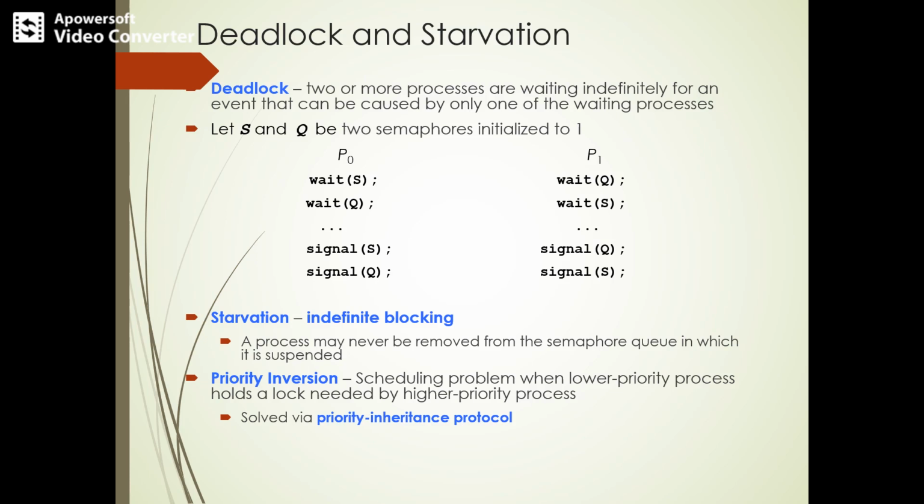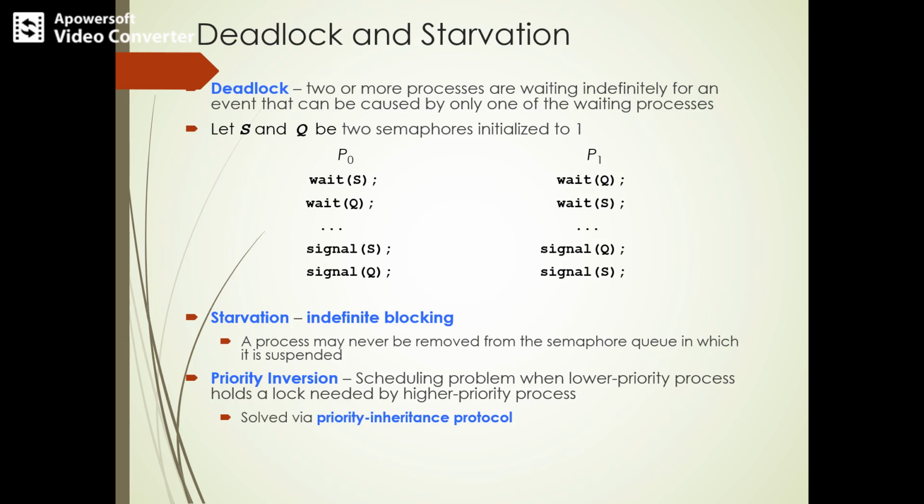Got it? So a set of processes is in a deadlock state when every process in the set is waiting for an event that can be caused only by another process in the set.